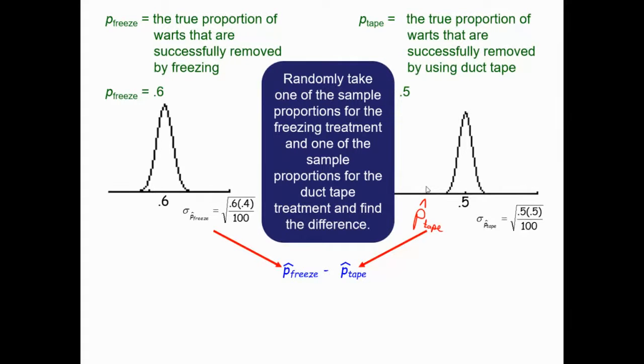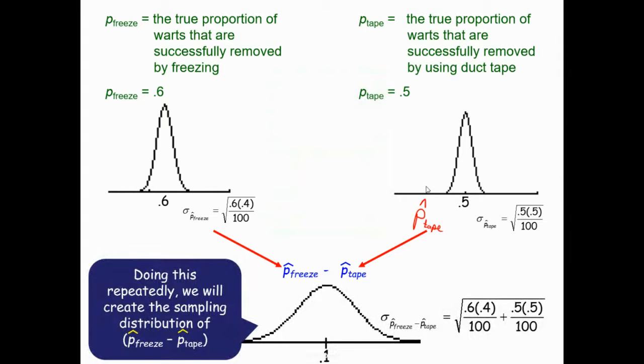So if we randomly take one sample of the proportions for the freezing treatment, one sample of the proportions from the duct tape treatment, and we find their difference, that would create its own distribution. If we did that over and over and over, we would get the sampling distribution of p hat freezing minus p hat taping.